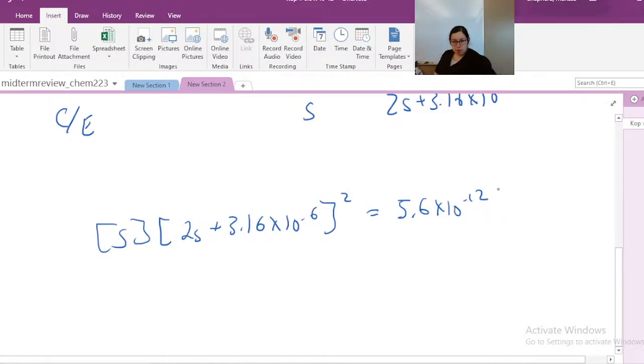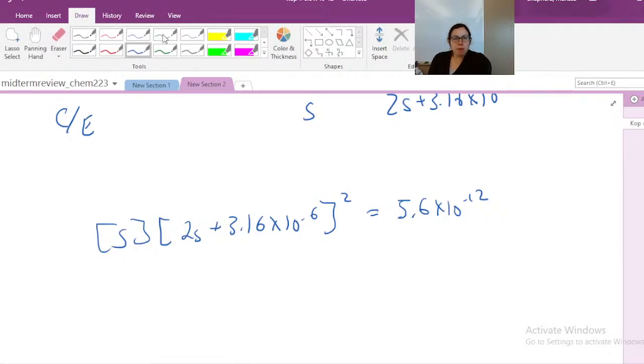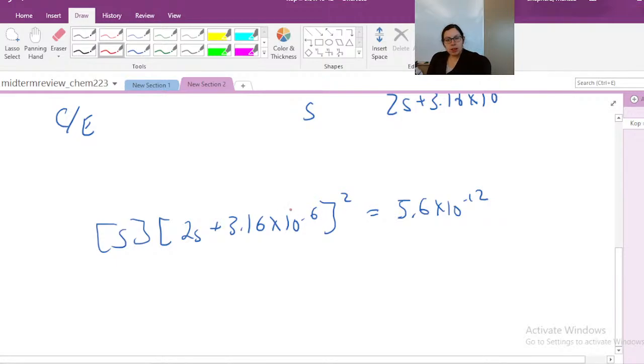And now we can probably make some assumptions at this point. Obviously this would be difficult to solve. You could try to distribute this out, but we can probably make a 5% assumption, or less than 5%, judging off of this negative 12 and this negative 6. So we can get rid of this 2S factor, since this is much, much greater.